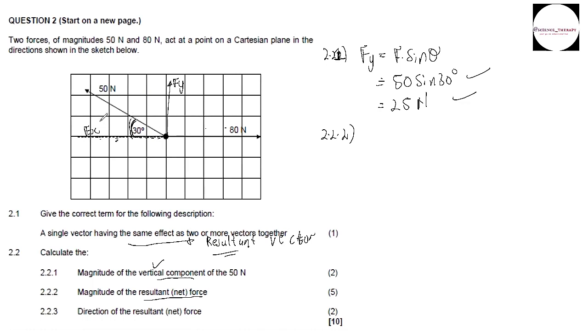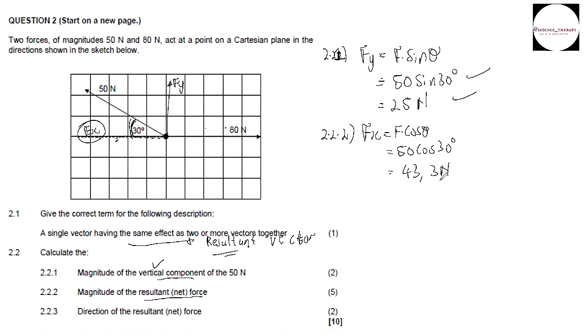So the first thing to calculate is the horizontal component, Fx equals F cos theta. This is 50 cos 30 degrees, and punching that into the calculator gives 43.3 newtons.